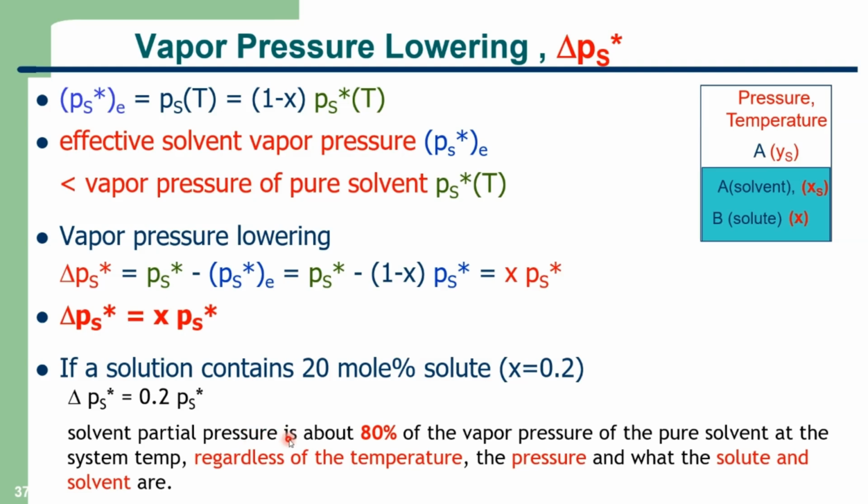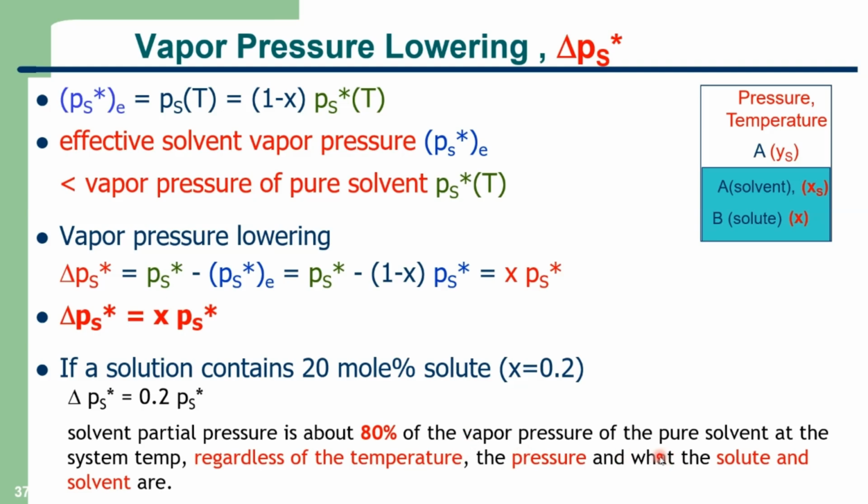For example, if you have water, the vapor pressure is 760 millimeters of mercury, and you have 20% sugar in the water. So what's the vapor pressure of the water if you have sugar in it? 760 times 80%, because you lower it by 20%.